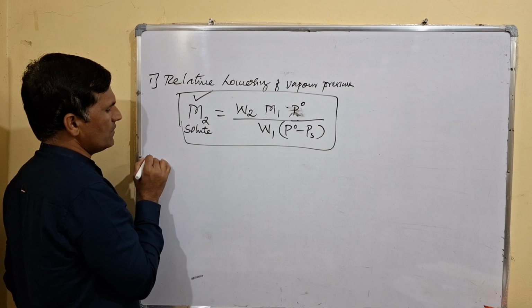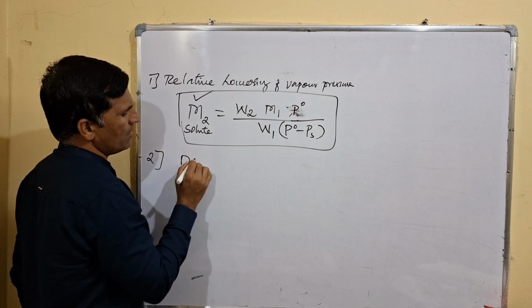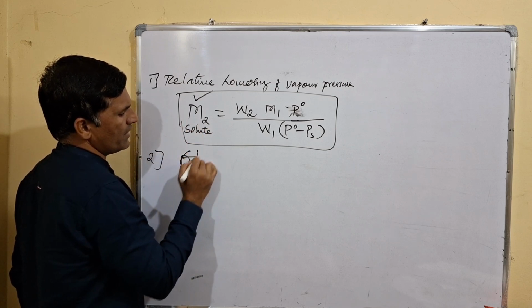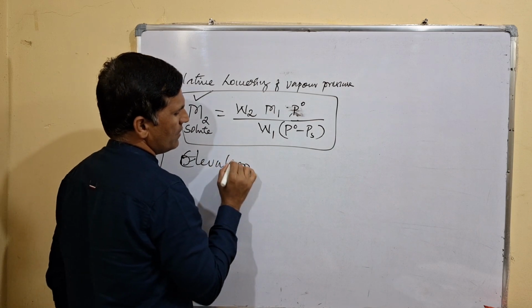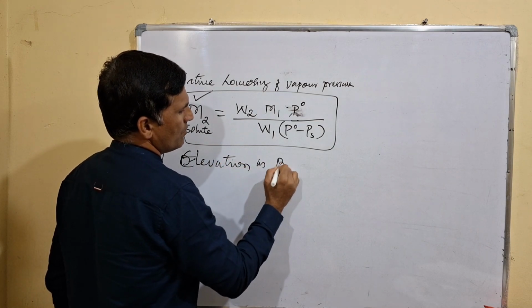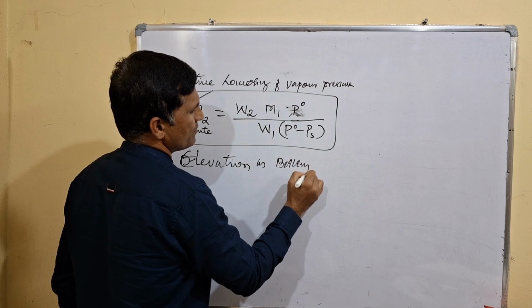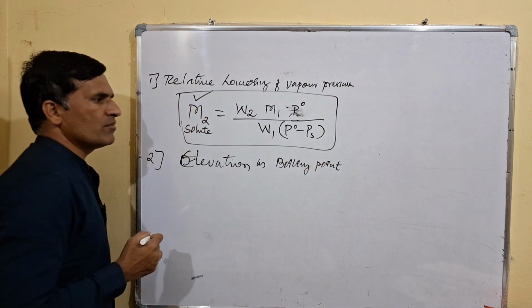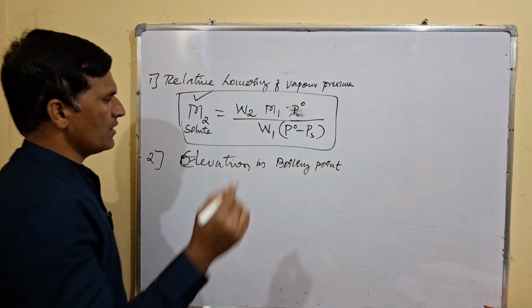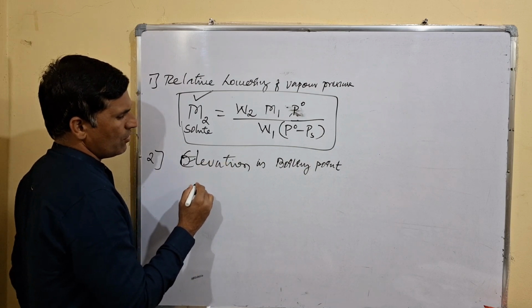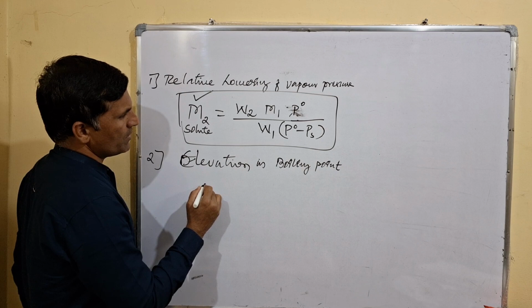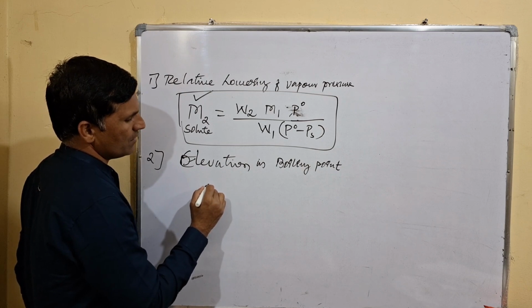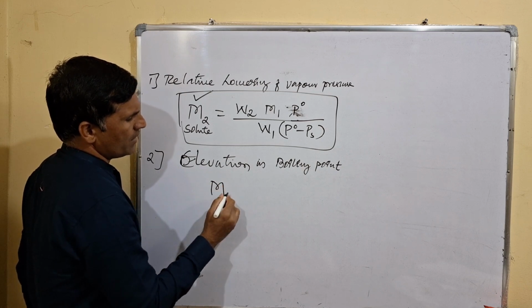And the second one is the elevation in boiling point. How these formulas come, all that we have discussed in the theory video, so please go through that prior to watching these numerical problems.